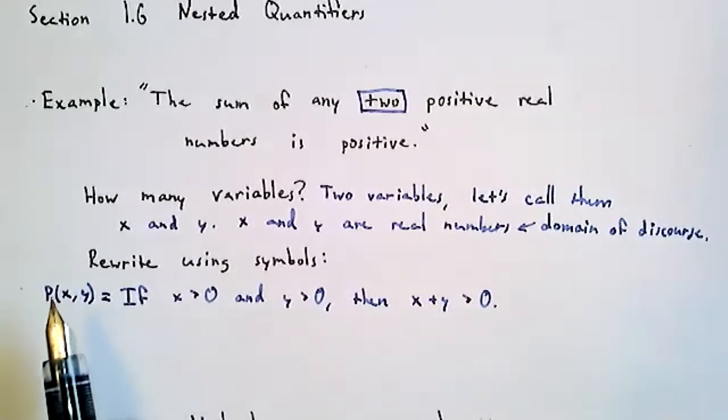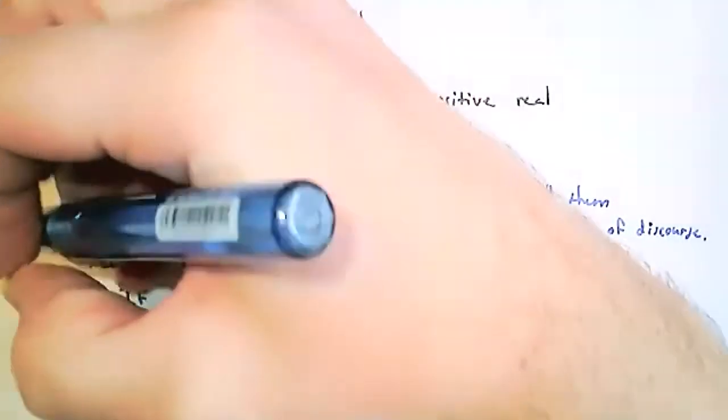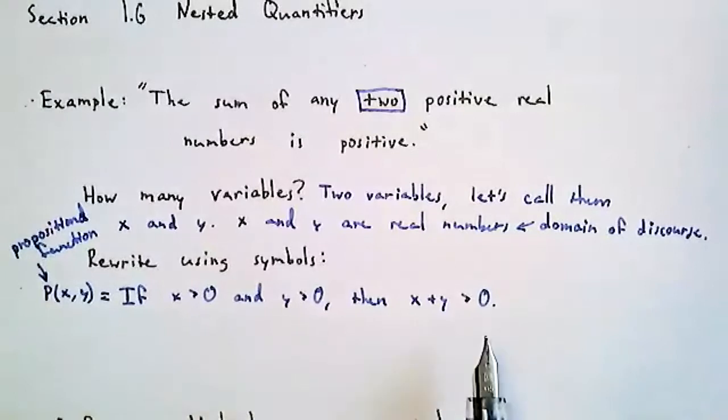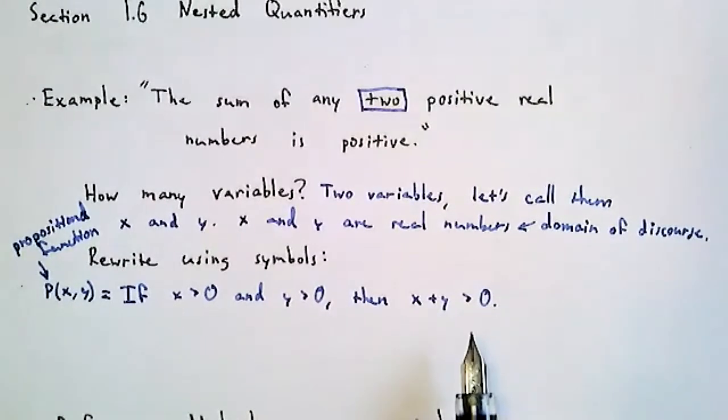So I have a function which I'm calling p, and I'm plugging in my two variables x and y to get this statement or sentence.